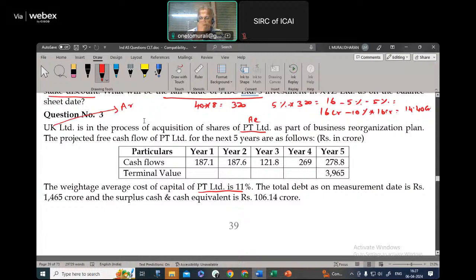From that total enterprise value, we are expected to deduct debt, and we are expected to add non-productive assets, which is cash and cash equivalents 106.14, because the cash flows are generated out of the use of core assets.